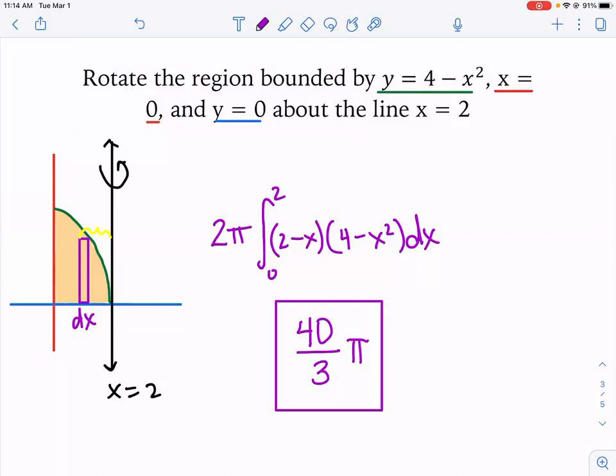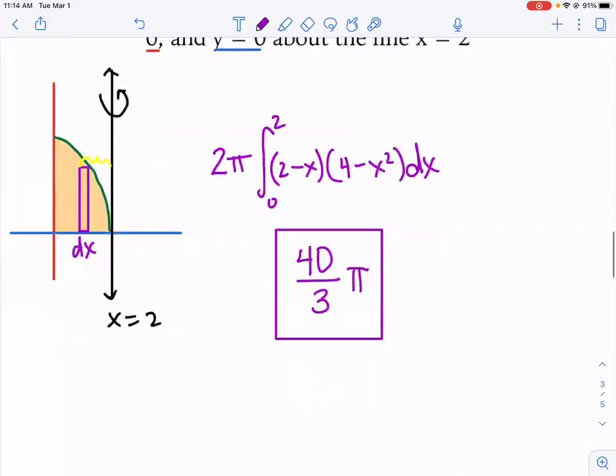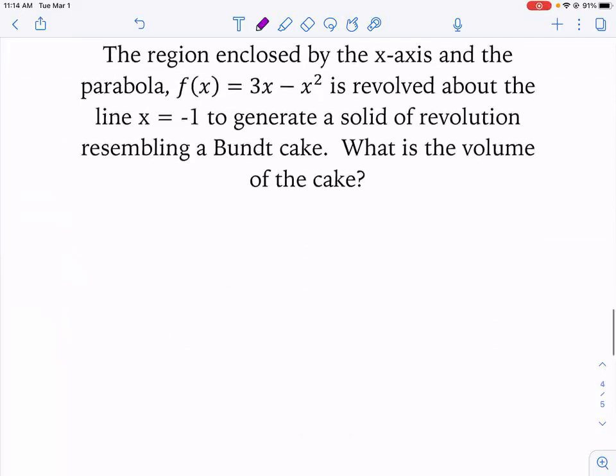You're just glad you don't have a boring calculus teacher. Okay, here we go. Next one. We're gonna make a bundt cake. And one's left. Okay. Lots of it.